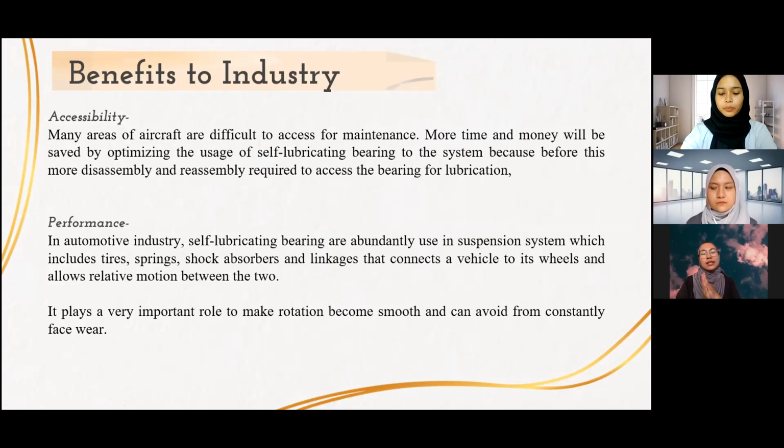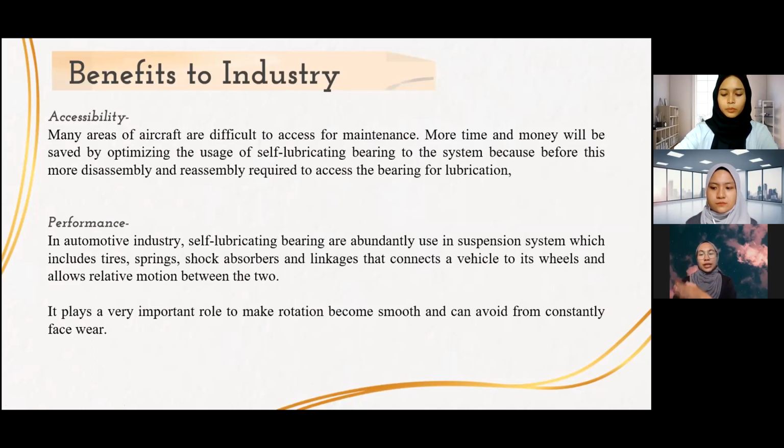Next, accessibility. Many areas of aircraft are difficult to access for maintenance. More time and money will be saved by optimizing the usage of self-lubricating bearings in the system, because before this, more disassembly and reassembly was required to access the bearing for lubrication. The last one is performance.